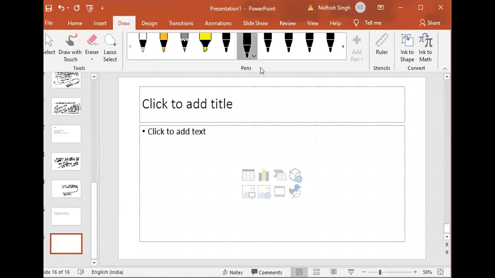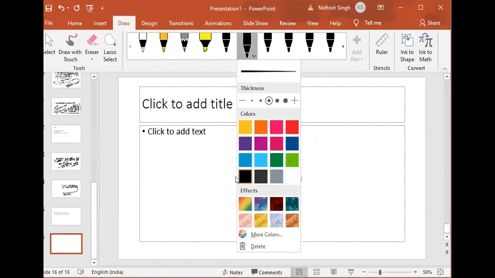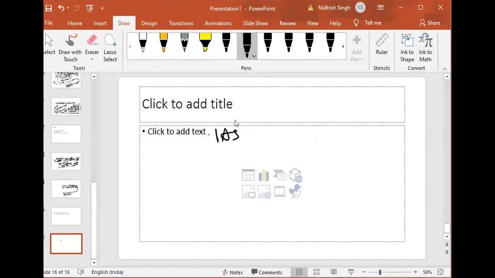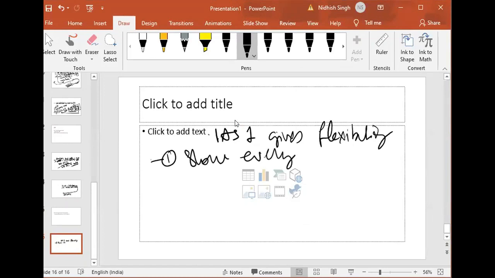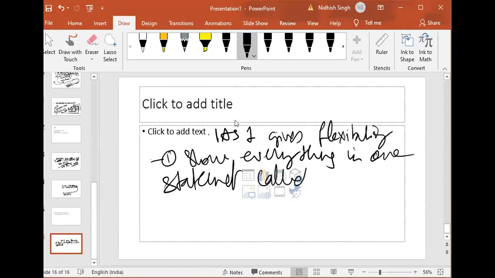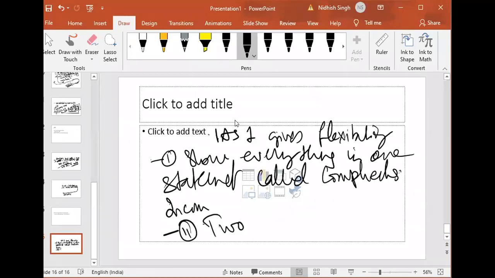I mean, praise of IAS 1, but, oops. IAS 1 gives you flexibility to either show everything in one statement called comprehensive income, or break into parts, just like we talked earlier.